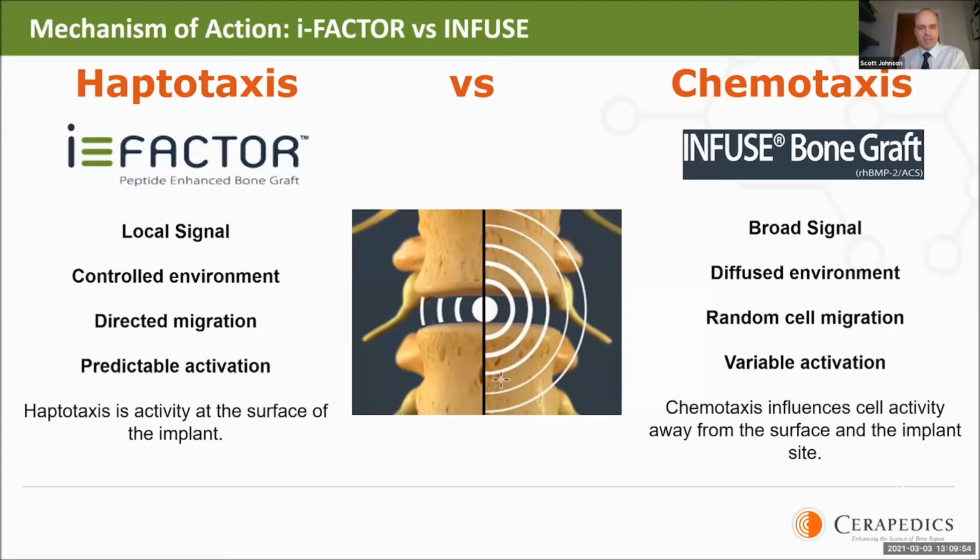In fact, the mechanism of action relies upon that to entice cells, encourage cells to the area by a process of chemotaxis. So iFactor is haptotaxis, it's more controlled, it's surface bound. BMP2 relies upon chemotaxis, chemical signals to elicit its biological response.